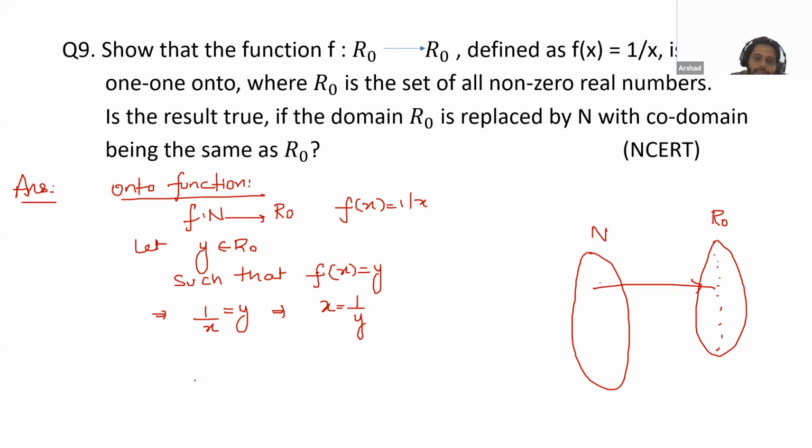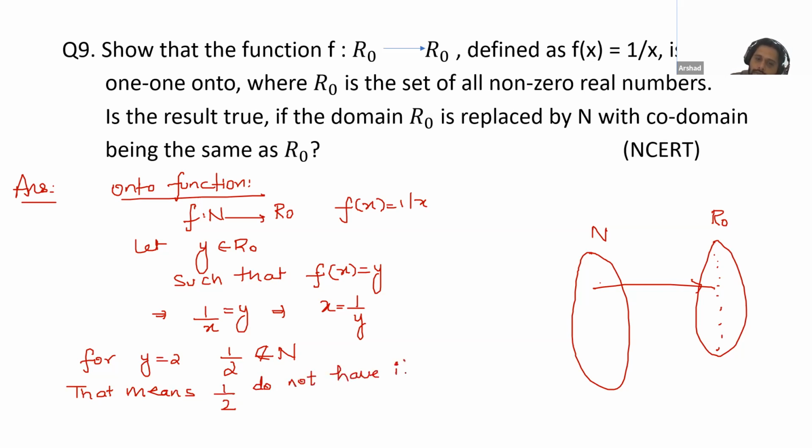Okay, Farhad has given the example 2. So we will write for y is equal to 2. 1 by 2 does not belong to the natural numbers. Okay, that means 1 by 2 does not have its pre-image.